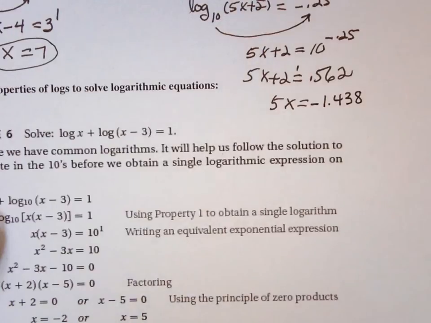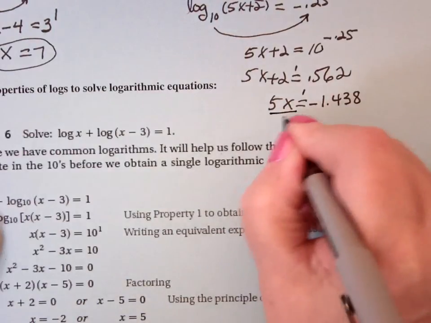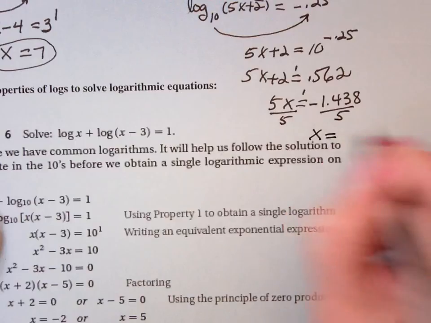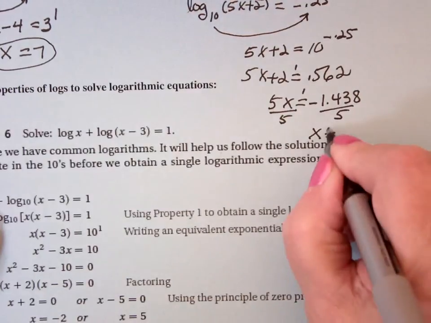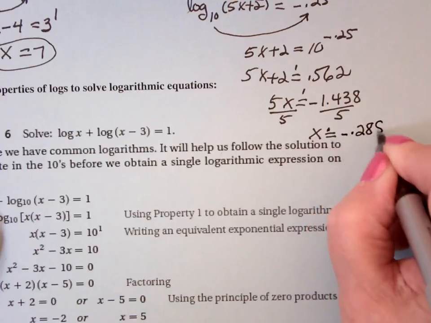Now I'm rounding each time, so every time I round, I'm bringing in round-off error. Divide both sides by 5, so that x equals negative 0.288. So this is approximately negative 0.288.